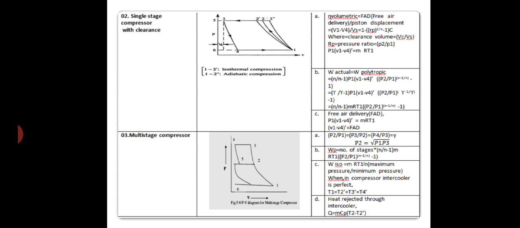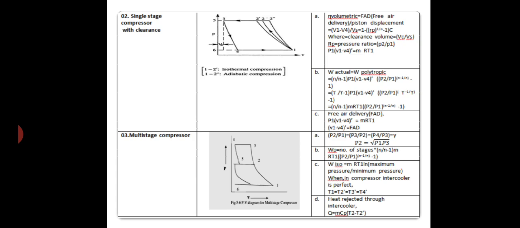Now lastly, for the multi-stage compressor, we have plotted the PV diagram, and for this we got the minimum work condition, that is P2 is equal to under root of P1 into P3. So during the minimum work condition, this is the relation between the pressures. The pressure ratio is P2 upon P1 equal to P3 upon P2 and P4 upon P3.